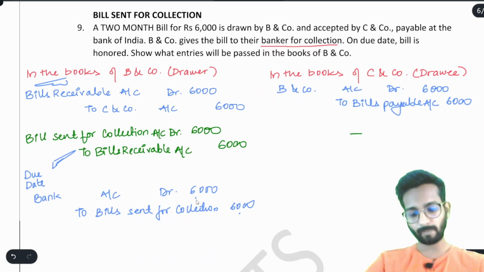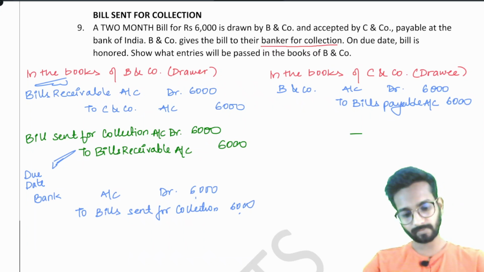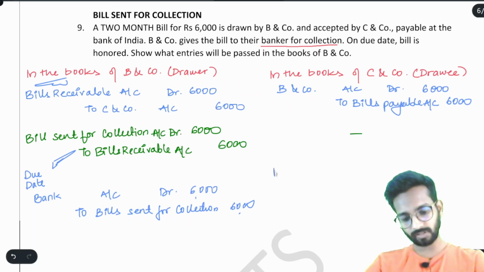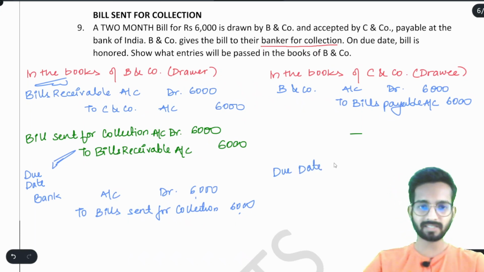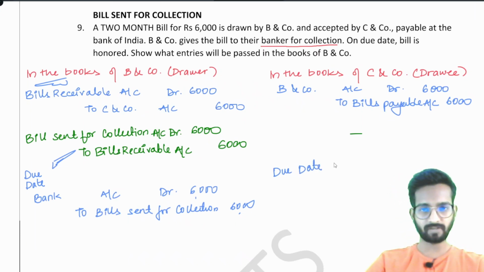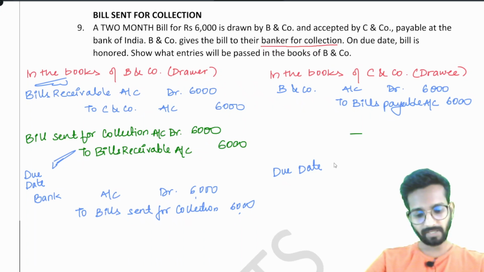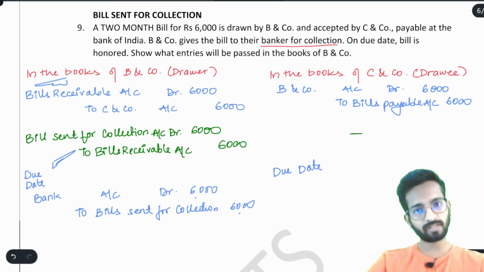6,000. Very simple. Now, after this, on the due date for him, for the drawee, what will happen? See, for the drawee, it just doesn't matter whatever is the case, bill sent for collection or discounting, endorsing or whatever it is. Why? Because for him, the person who is holding the bill, he will pay that amount to him.